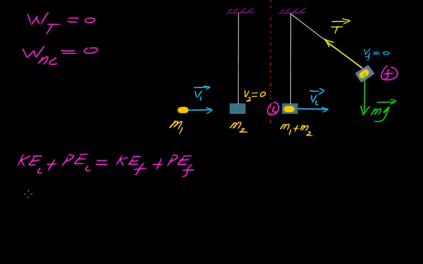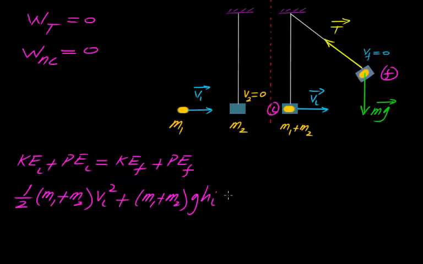Therefore, the kinetic energy at the bottom is 1/2 times the mass of the block-bullet system, which is m1 plus m2, times the velocity initial squared. The gravitational potential energy is equal to m1 plus m2 times gravity times the height initial.